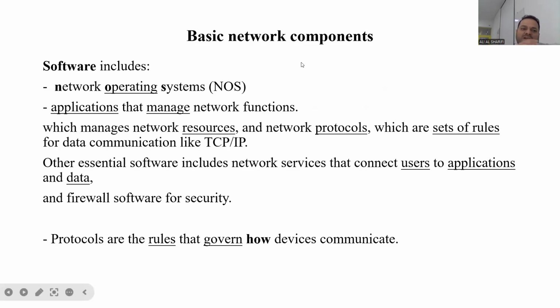Let's start from the software. Here, I will give just brief information about them. The NOS, that means Network Operating System. And we have another point related to software: applications that manage network functions, which manage network resources, protocols, and sets of rules for data communication like TCP.